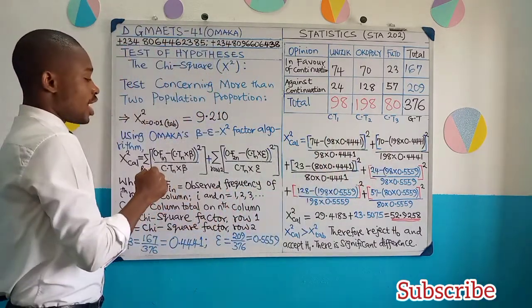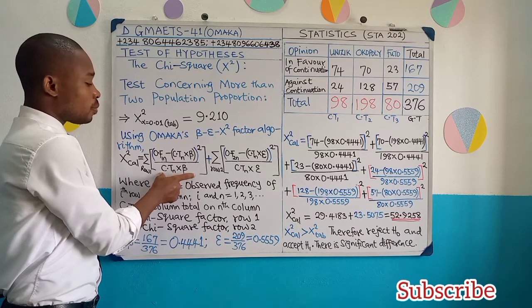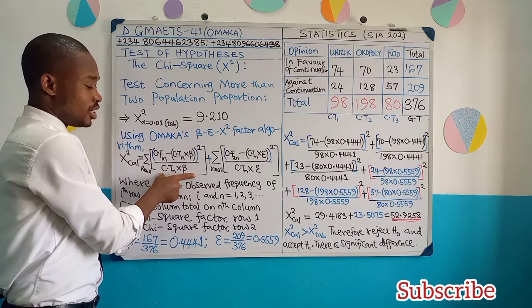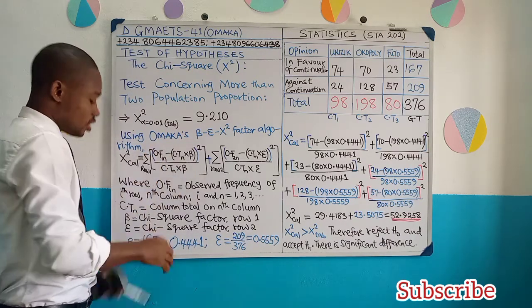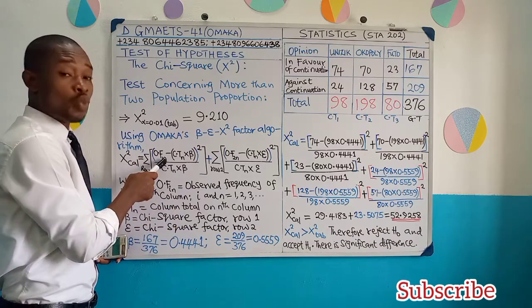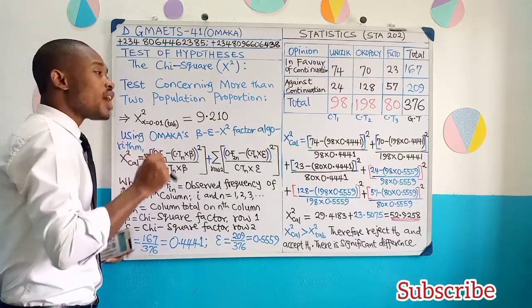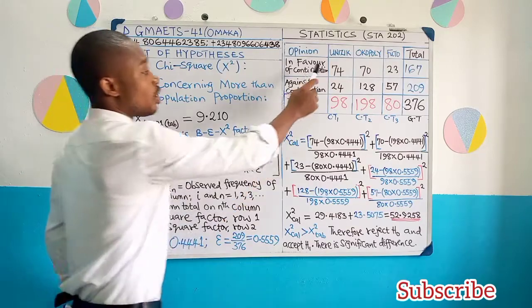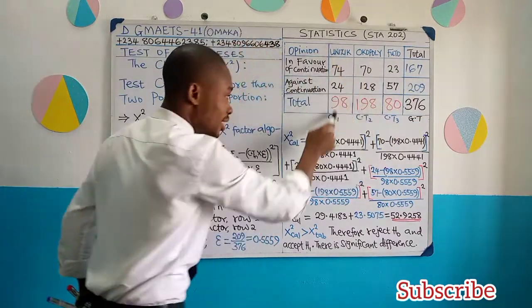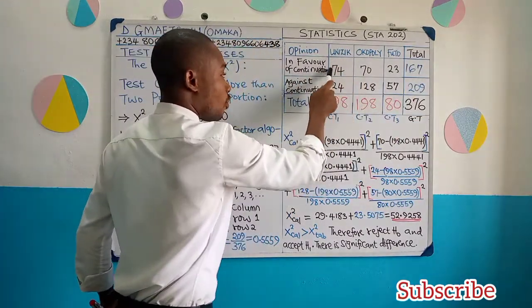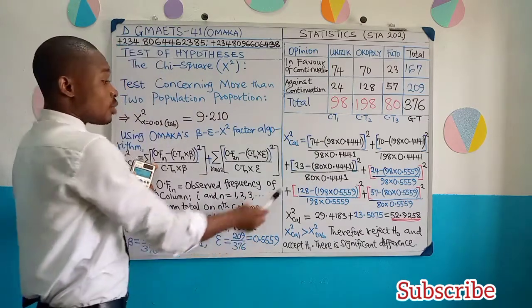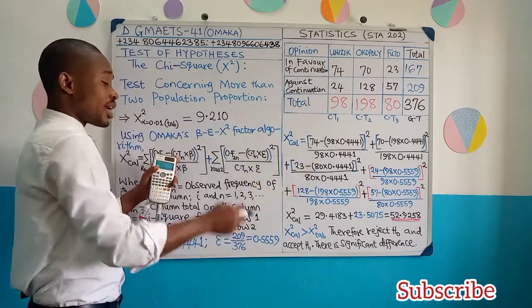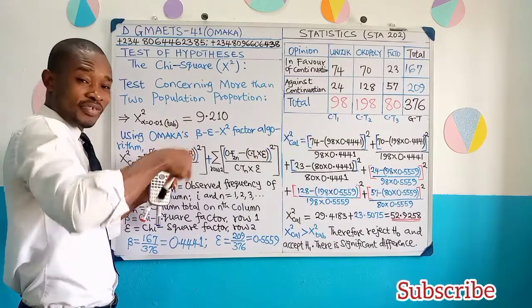Now, you notice this formula part is for row 1. So it's going to be the observed frequency of row 1, column 1. I'll start with that. For row 1, column 1, if you come here, this is row 1, column 1, and it corresponds to 74. So this part will now become 74 minus, open bracket, the column total for that first column.